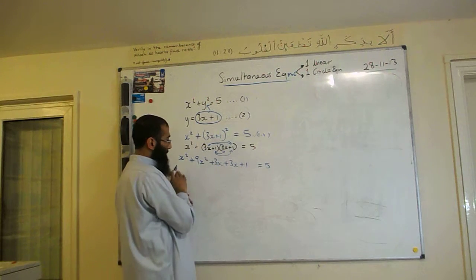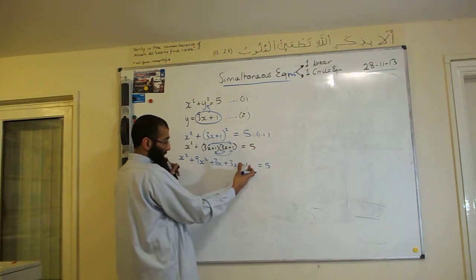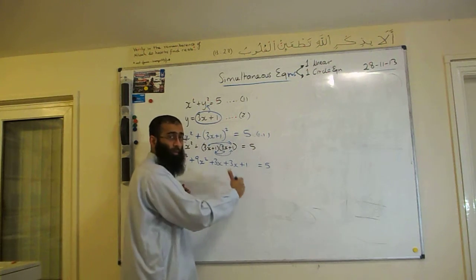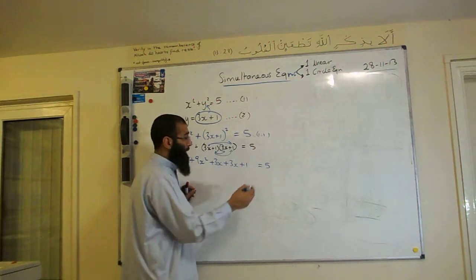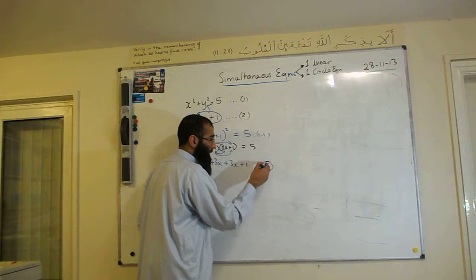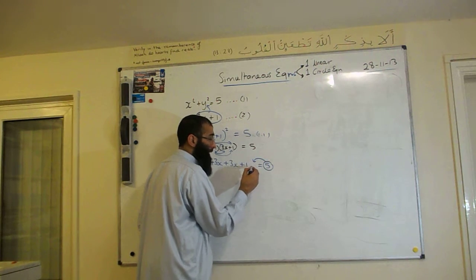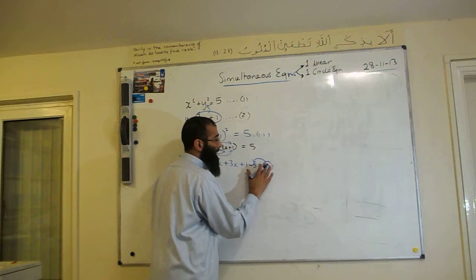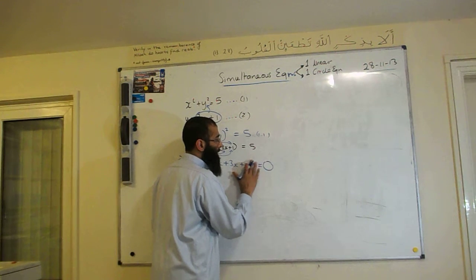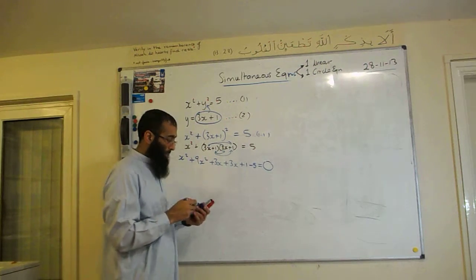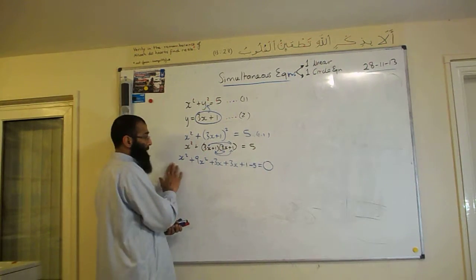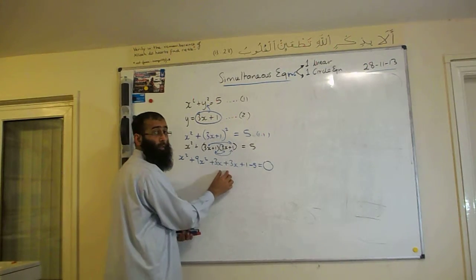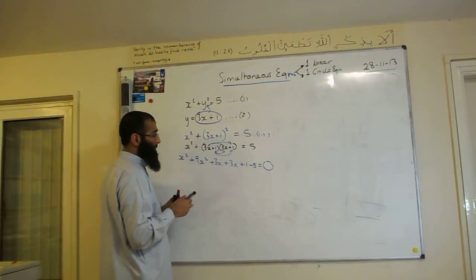When we simplify all this, it will give us a nice quadratic equation. We need the quadratic equation to be equal to 0. That's what it needs to be when we are solving it. So let's quickly grab the 5 and throw it over here. It becomes minus 5 on this side, leaving behind a 0. Let's have a look at the left hand side now. We've got lots of little parts. Let's simplify them.